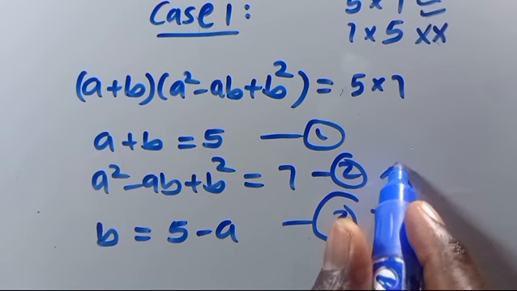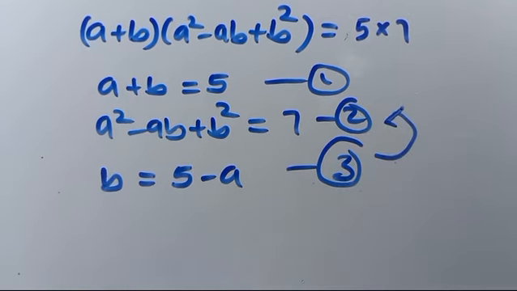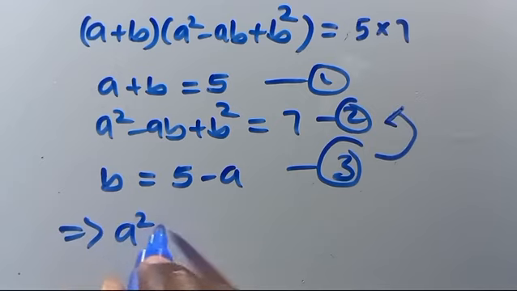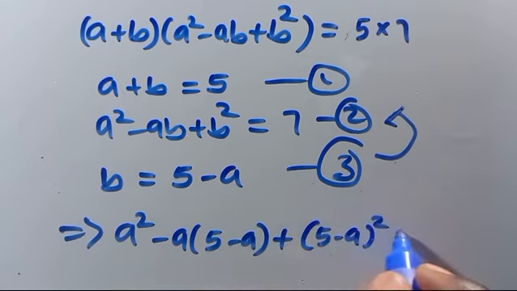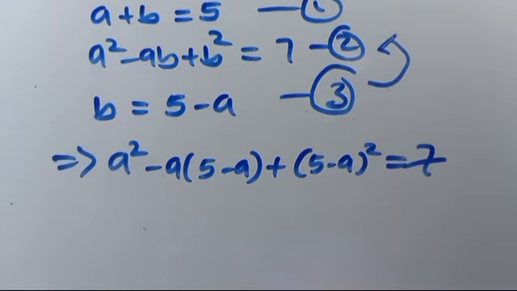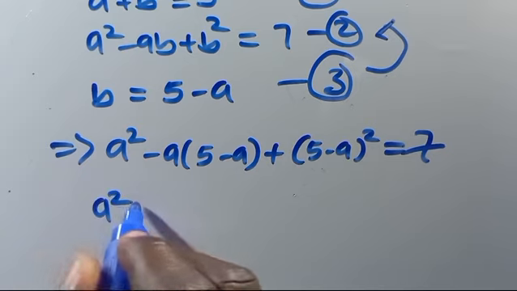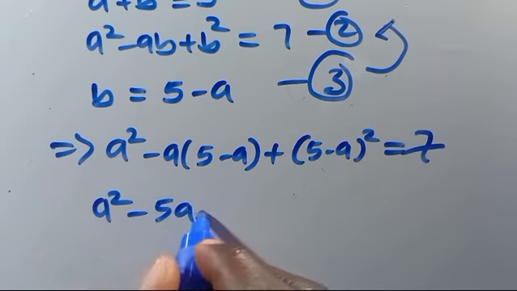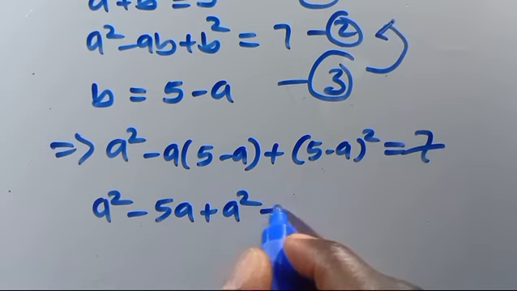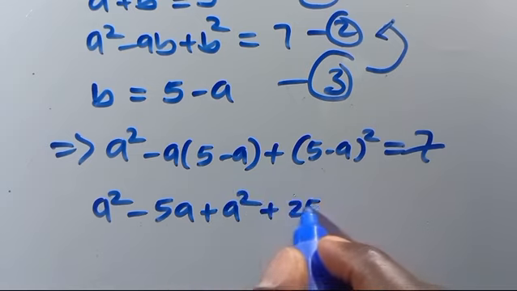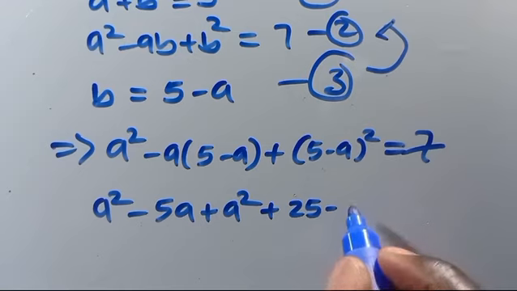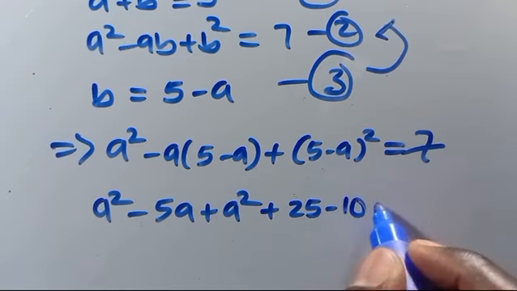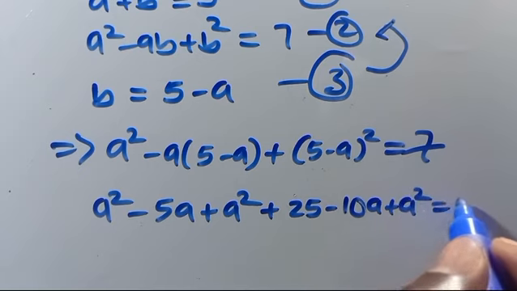Then when we put this here, we're going to have a squared minus a into 5 minus a, plus 5 minus a whole squared, is equal to 7. We have this as a squared minus 5a plus a squared, this will be 25 minus 10a plus a squared equals 7.